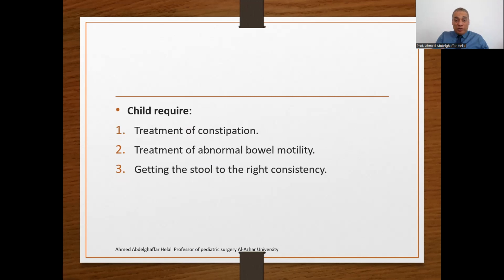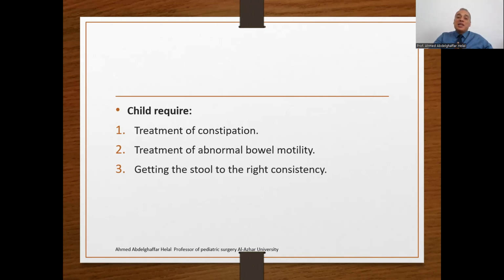Number 2, treatment of abnormal bowel motility. If this is the cause, if the colon moves very slowly, you need to give a stimulant laxative to stimulate the colon to move. If the colon, on the other hand, moves very fast or is hypermotile, you need to slow down the colon and give the child constipating diets and high fiber diets.